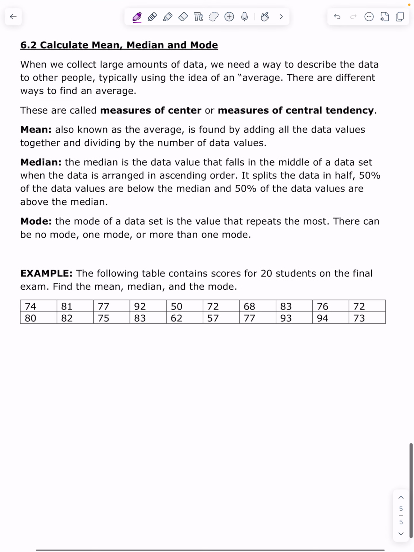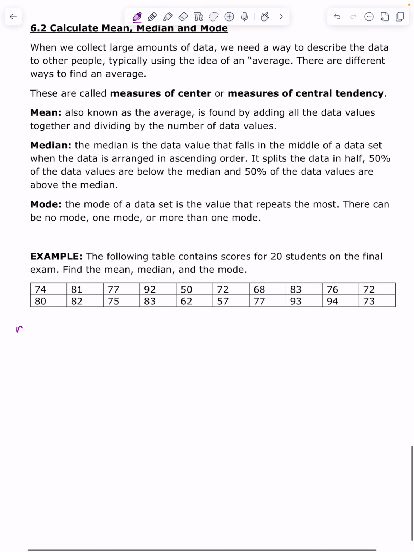(6.2) Calculating mean, median, and mode. These are all different types of averages. The one you're probably most comfortable with is the mean. So for the mean, what we are going to do is add up all of our values. I'm not going to write all of these.